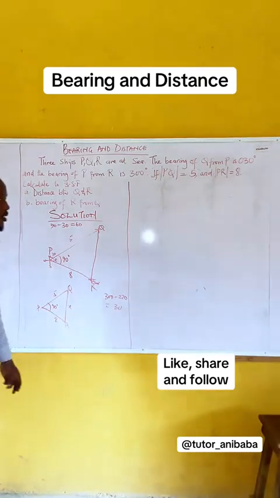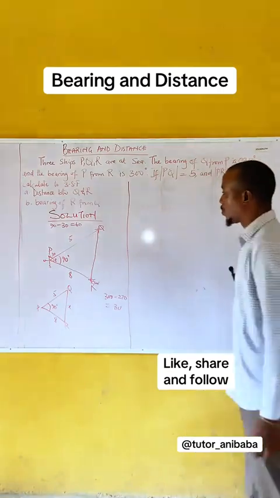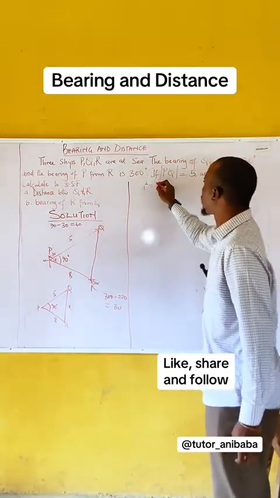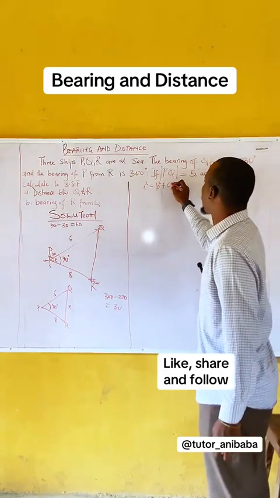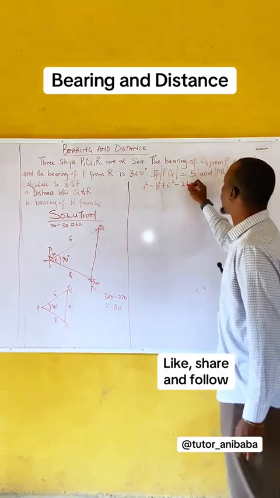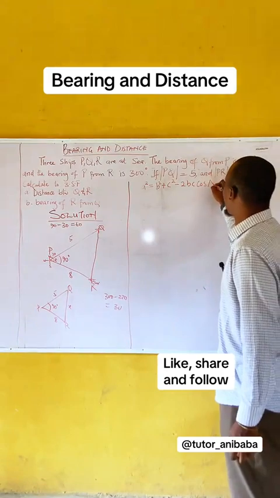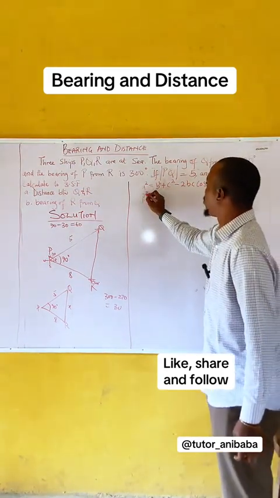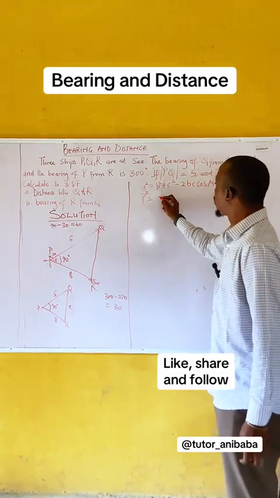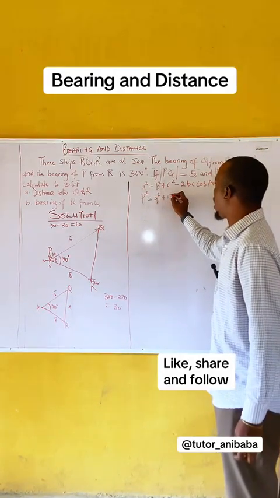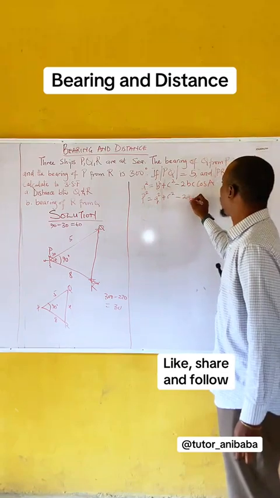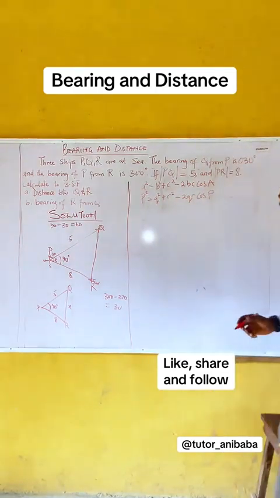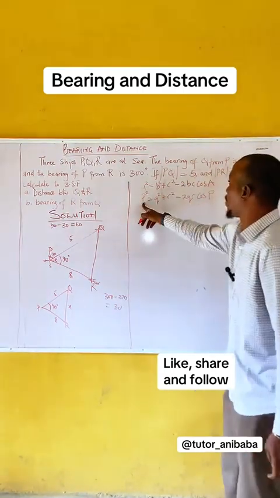In order to get X, we are going to use our cosine rule. The cosine rule says A squared equals B squared plus C squared minus 2BC cos A. In our case, it's going to be P squared equals Q squared plus R squared minus 2QR cos P. Our X is our P squared.